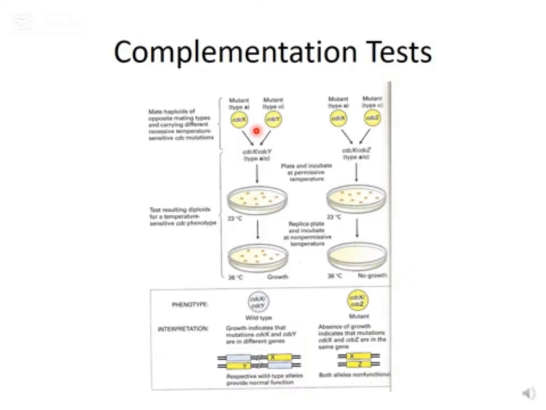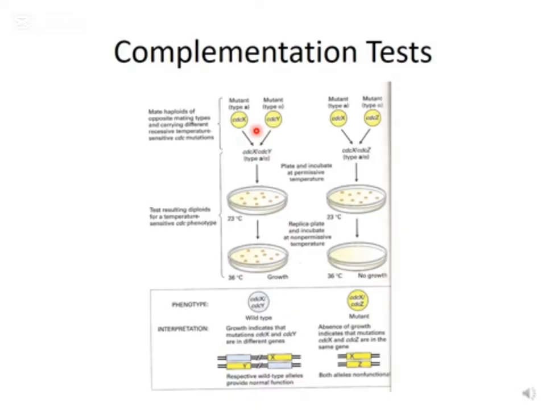So the question here that we're trying to answer with this test is whether the genes that are mutated are on the same chromosome or the same location, or if they are at different locations. We are not trying to see whether there's a mutation or not, because we know for a fact that there is one. The question that a complementation test tries to answer is whether these genes are lumped together, whether the mutations are in the same location or at two different locations.